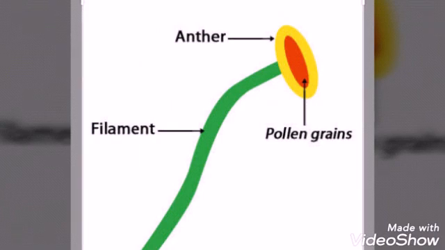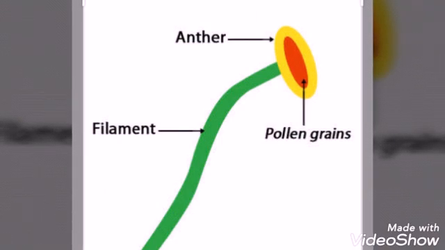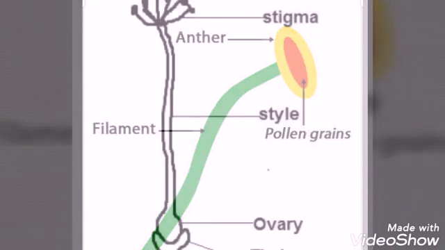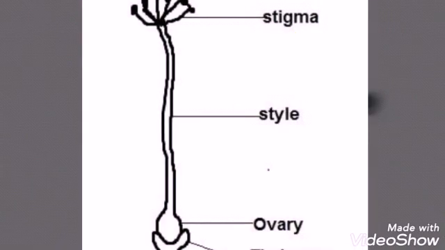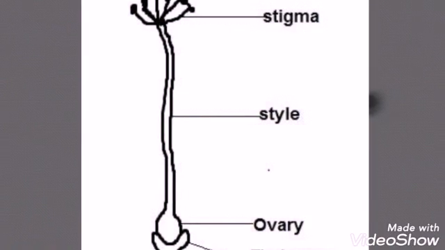Now in the next photo we will see about the female part, which is called the carpel. So carpel is made up of stigma, style and ovary. Now stigma is the main part, which is sticky, and style, which is filament-like, and there is the ovary.